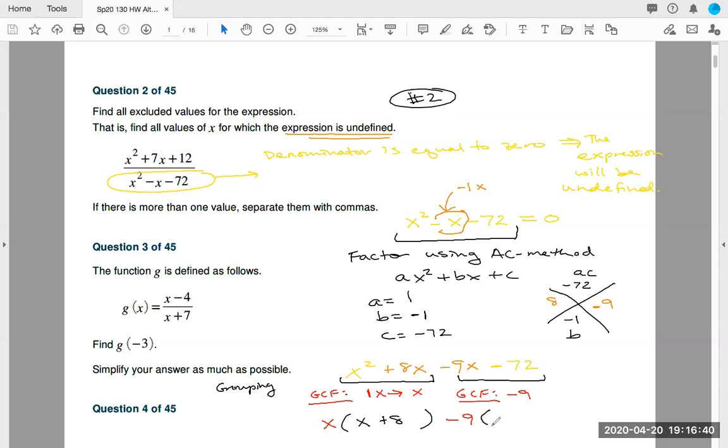And then what's left over, negative 9x divided by negative 9 gives you a positive x. Negative 72 divide negative 9 gives you a positive 8. You want these factors to match when you have done your grouping, okay? Because now they become the new GCF for this entire expression.